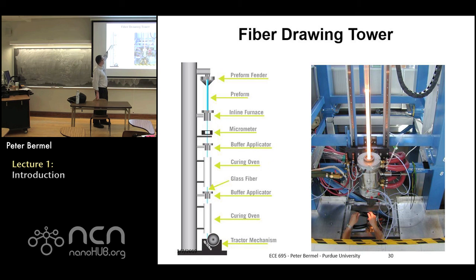You have to measure to make sure that's the width you expected. Then you apply a buffer, cure it, and you do get a real fiber out of this. Then you apply another buffer, cure it again, and run the spool and tractor to keep things going. You want to keep it going as steady and evenly as possible, because otherwise you'll damage the fiber.